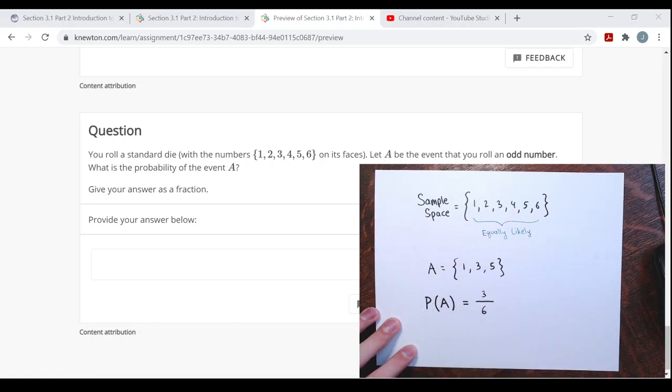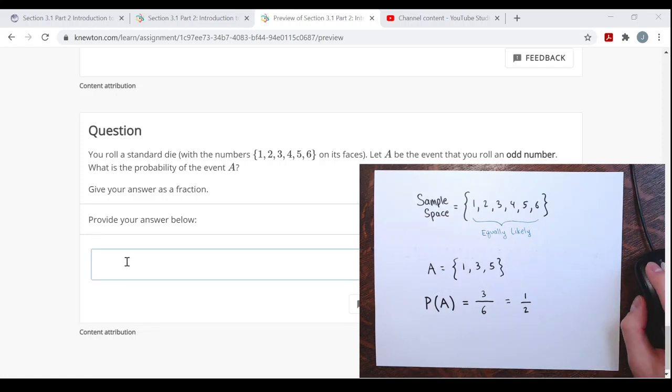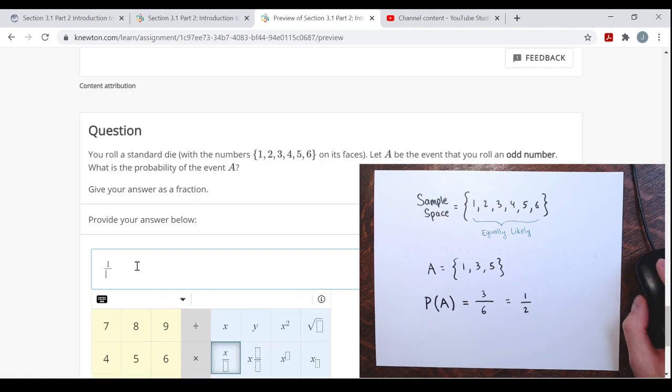So the probability of rolling an odd number is 3 out of 6, which you're going to have to reduce, I believe. 1 out of 2, 3 goes into 6 twice, 50%. Now they ask you to give your answer as a fraction, so 1 out of 2, 1/2.